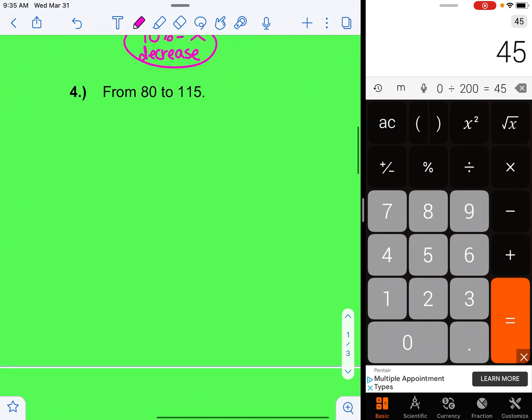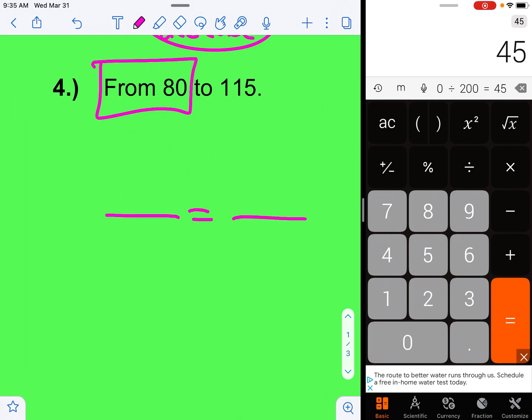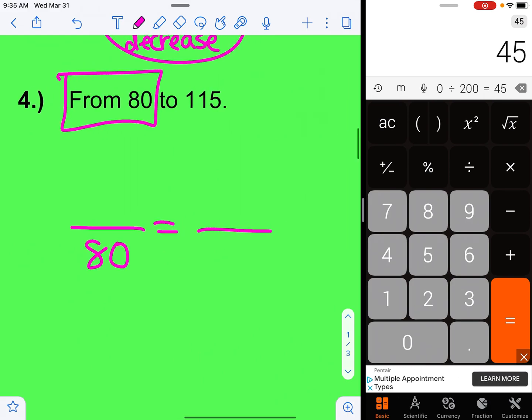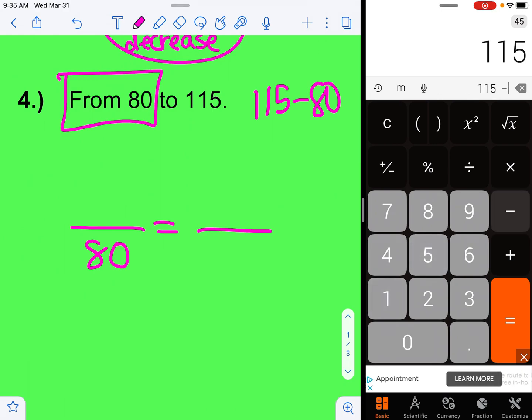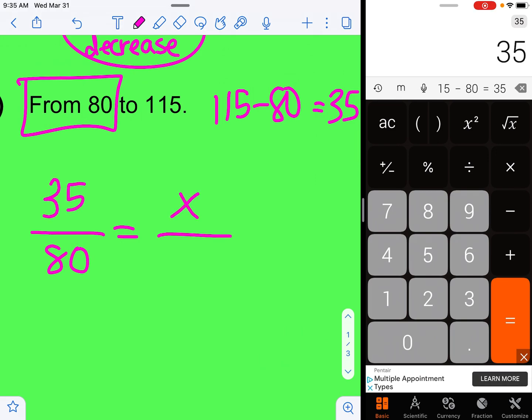And our last one of these, we're going from 80 to 115. So again, when we set up our ratios, that 80 is our original amount, so that goes on the bottom. Now we can subtract 115 minus 80, which gives us 35. So that is our amount of change. We don't know the percent, but we do know our denominator is always 100.